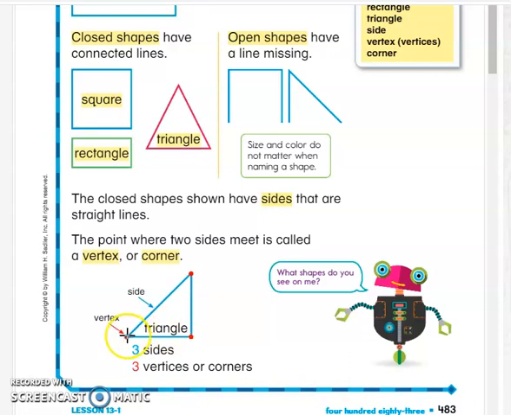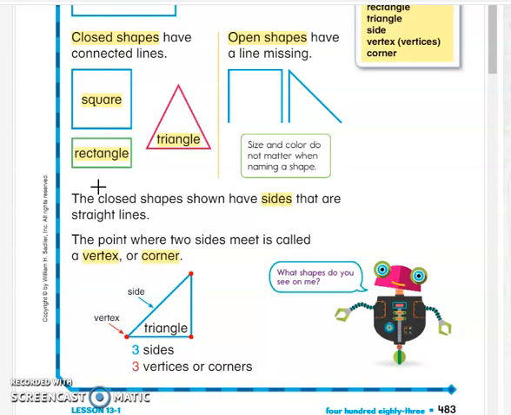A triangle also has 1, 2, 3 sides. All right, so these shapes up here are all the same because they all have sides, corners, and they're all closed shapes.